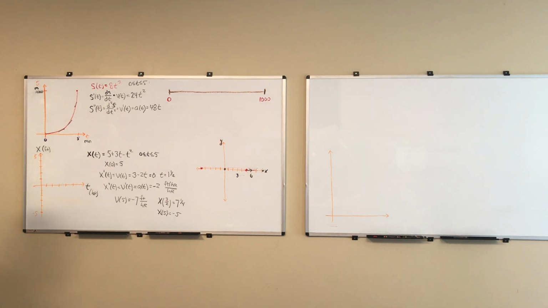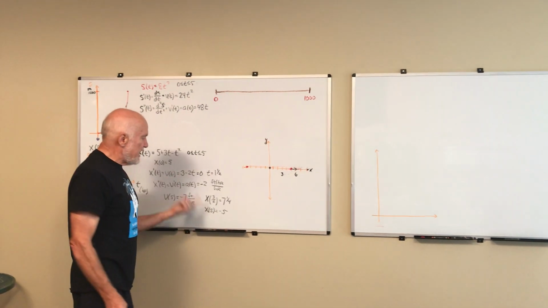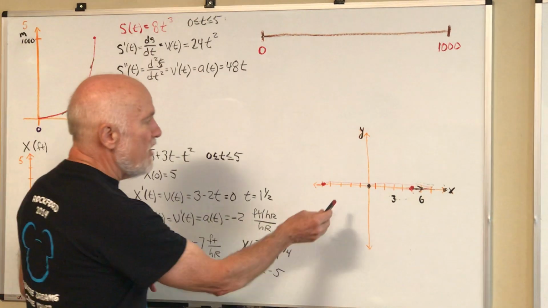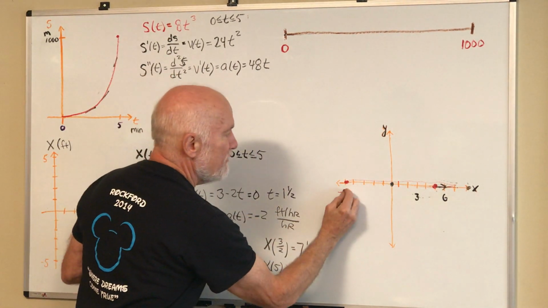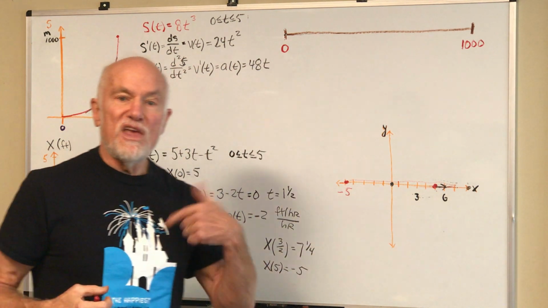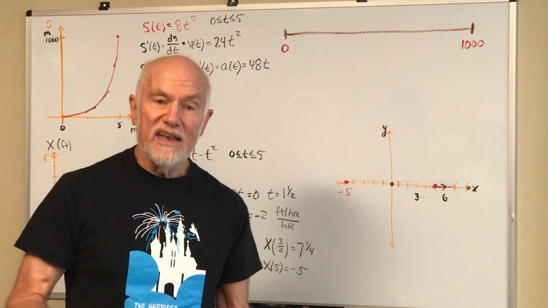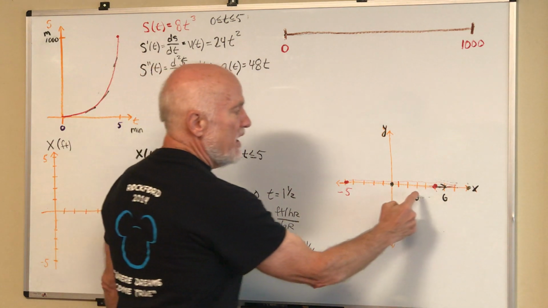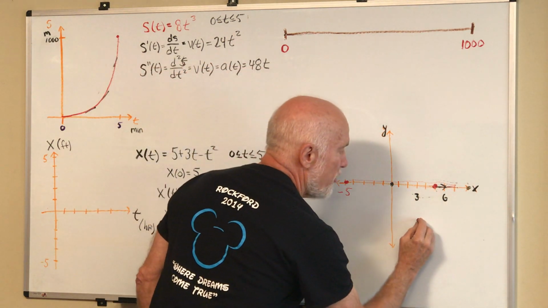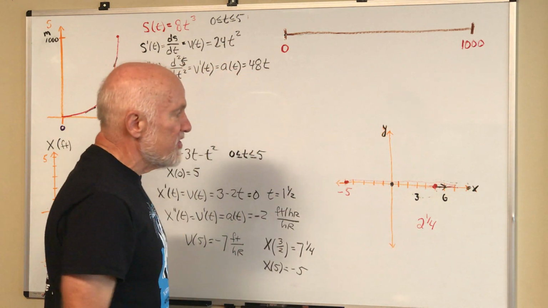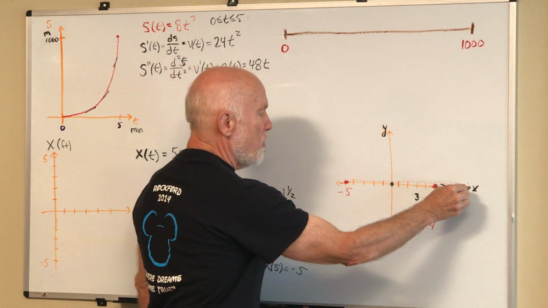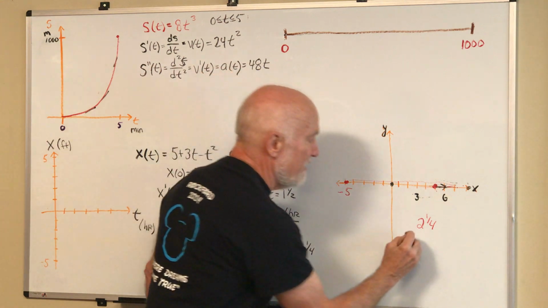And it shows you how you have to be careful, because you started out at position 5 and ended up at -5. You might be thinking that the total distance was 10, but really it went from 5 to 7 1/4. So it went 2 1/4 miles, and then it went from 7 1/4 back down to -5.